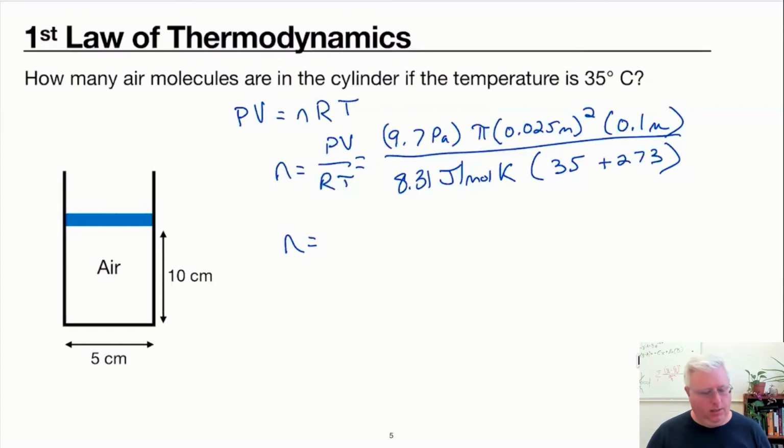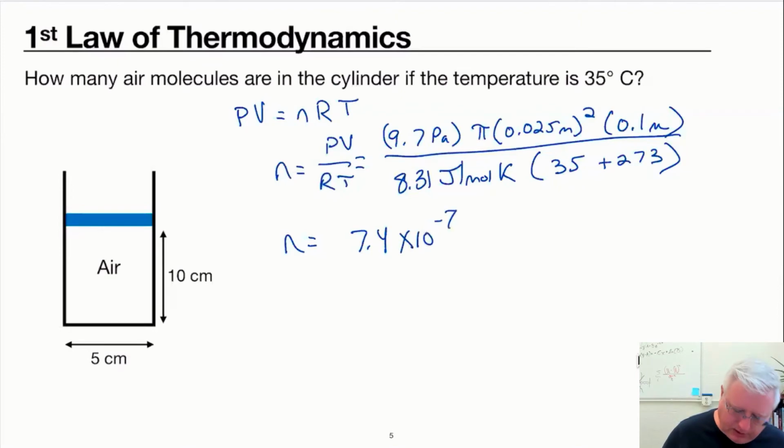Okay. So I get, if I did it right, 7.4 times 10 to the minus 7th moles. Okay, but we want to know how many air molecules are there.